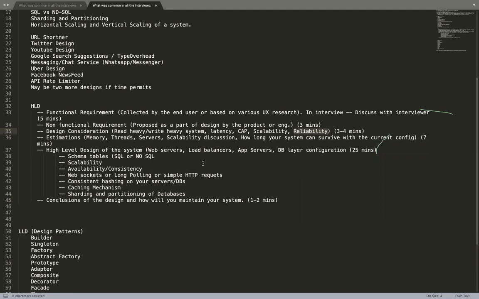We'll talk about that in detail. It's more like how your system can recover if there is any failure. Yes, exactly. There should be no single point of failure in your system, so you need to make your system reliable so that there is none.